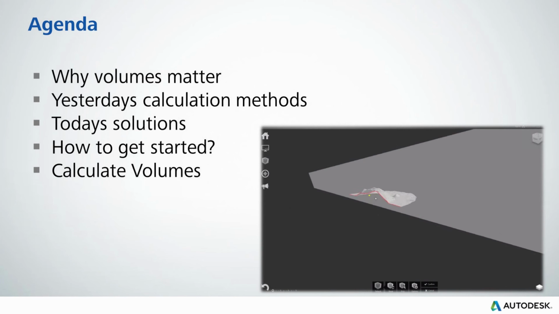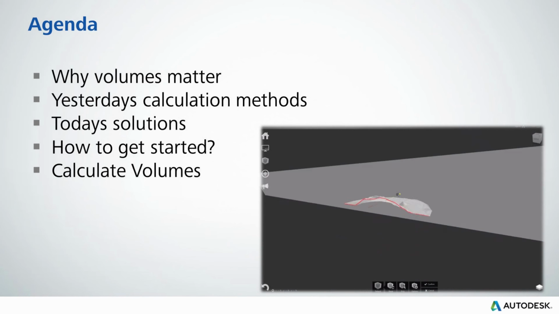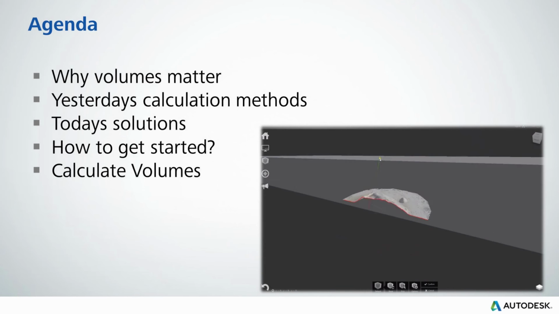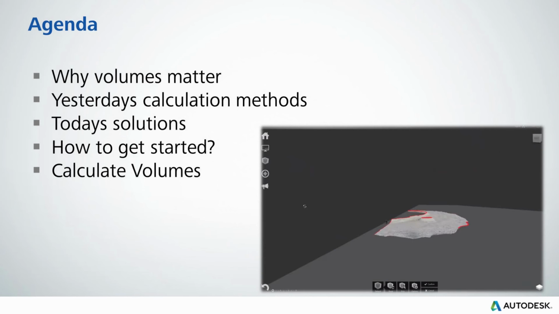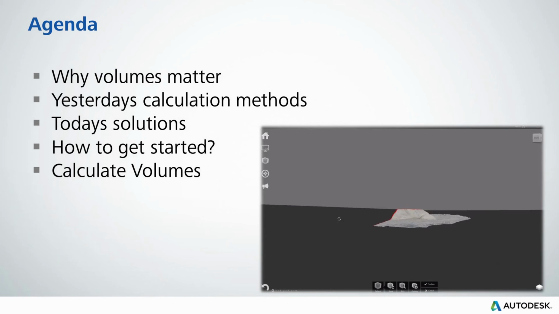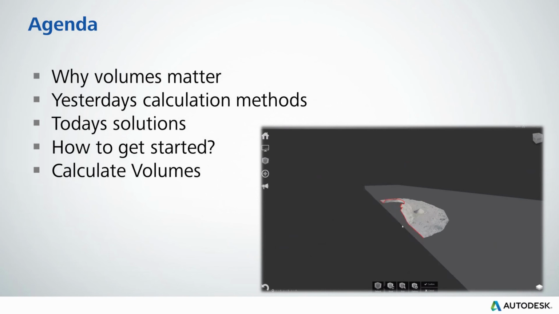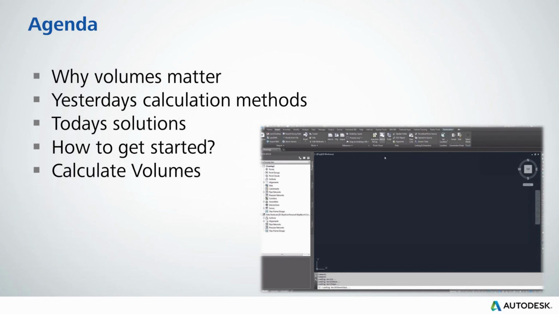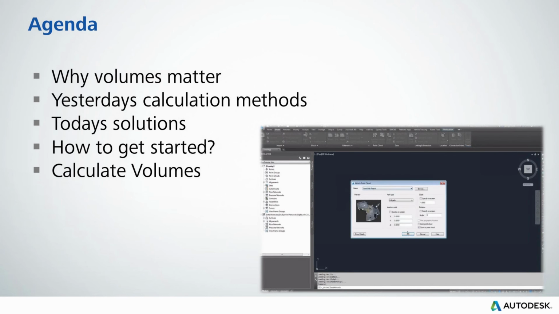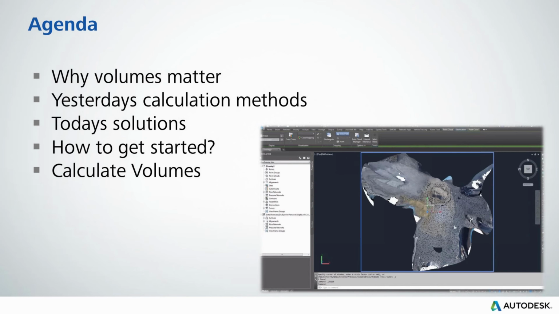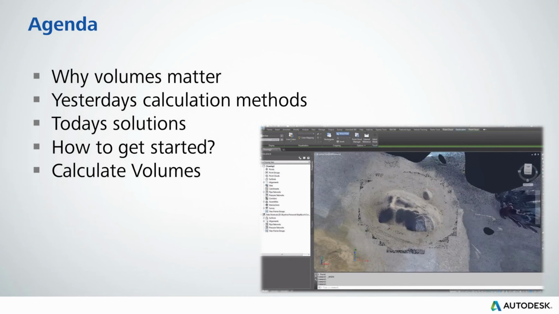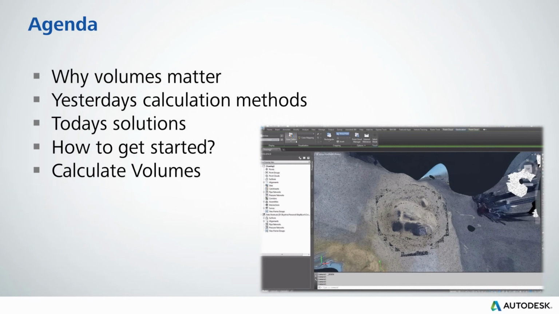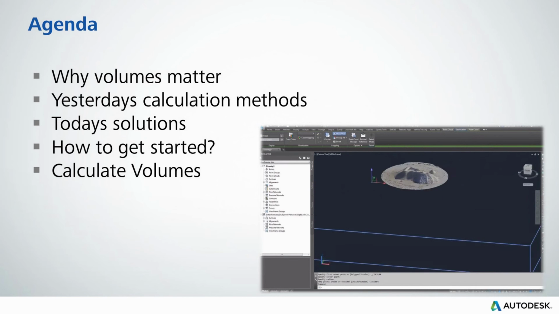This process has not changed for you over the years, and we're going to hopefully show you some new tools, some new solutions that are going to help you more accurately analyze your volumes and your stockpiles. And then we're going to talk about how to get started with some of these newer solutions, and eventually getting all the data into Civil 3D. What does that look like? How do I then calculate volumes from there?